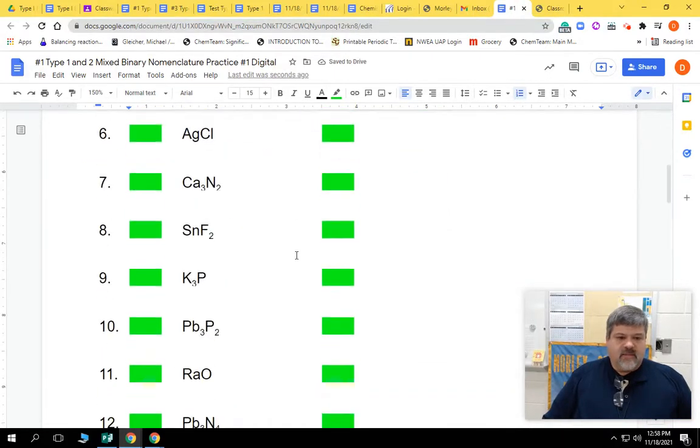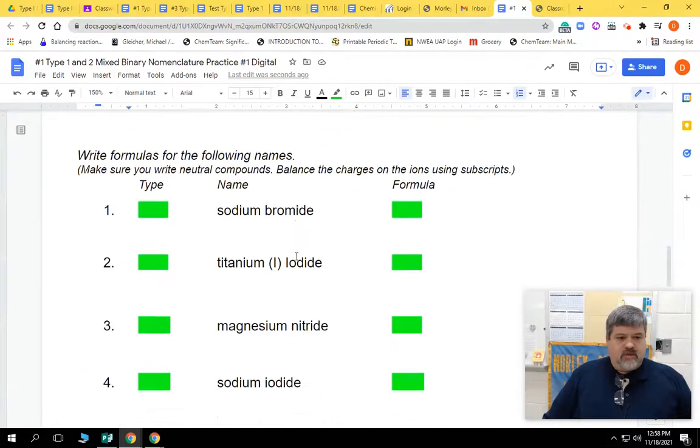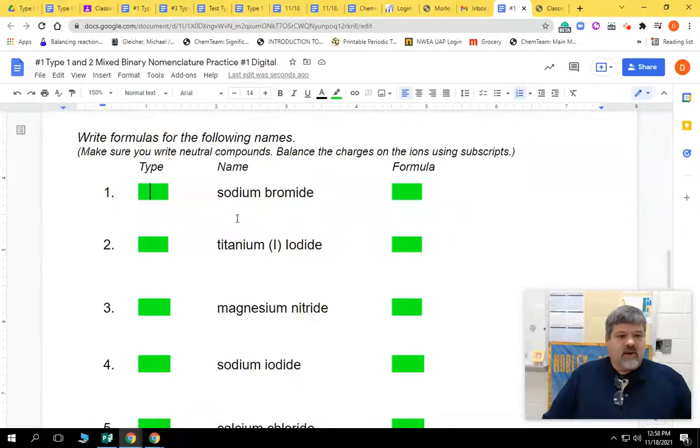Okay, let's scroll down a little bit and do the rest of the ones down here. This one right here, I do not see a Roman numeral, so that means it is a type 1 if I have the name. With type 1, we just put the charges. We put a +1 for sodium, and bromine is a -1. How do we figure that out?